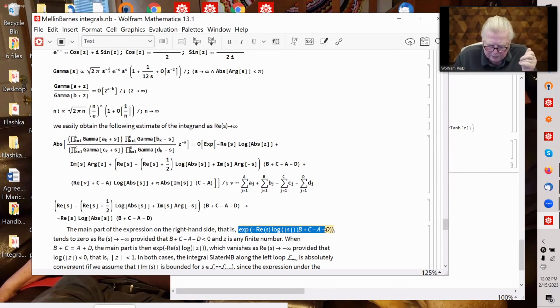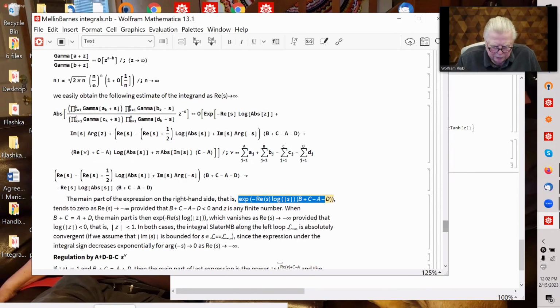If we move in the left direction by the loop, we should check whether this value is positive or negative. It can be positive, and then we have divergence. If negative, we have convergence in the left direction.